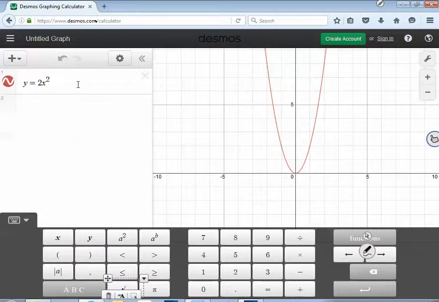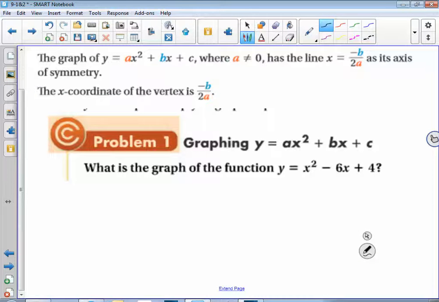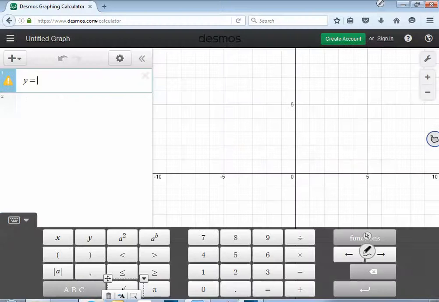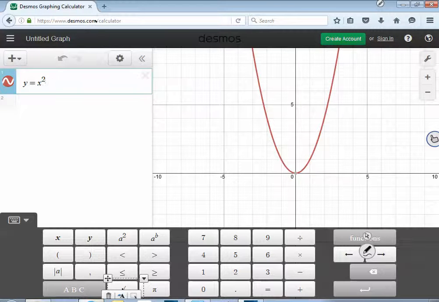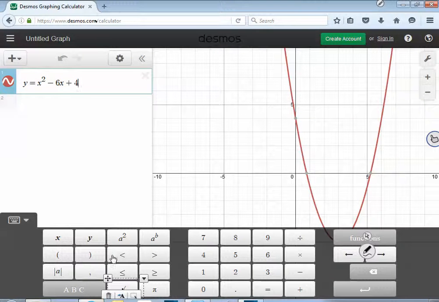So we'll say y equals x squared minus 6x plus 4. And there it is right there.